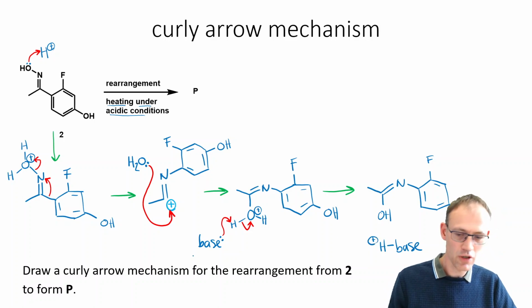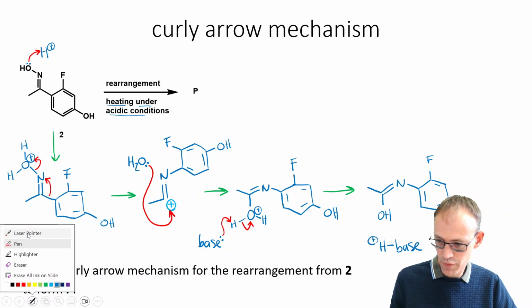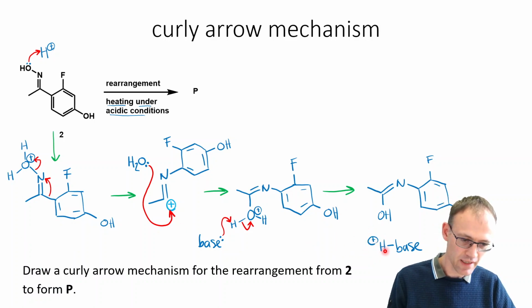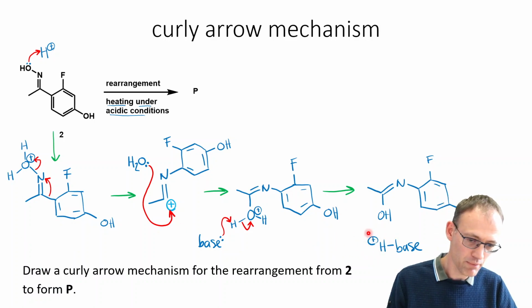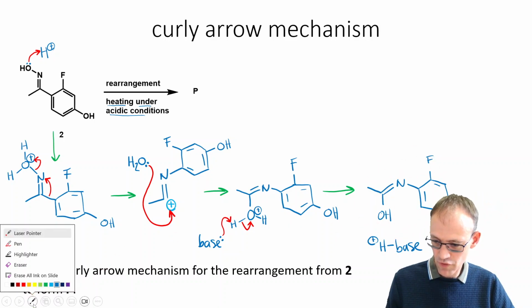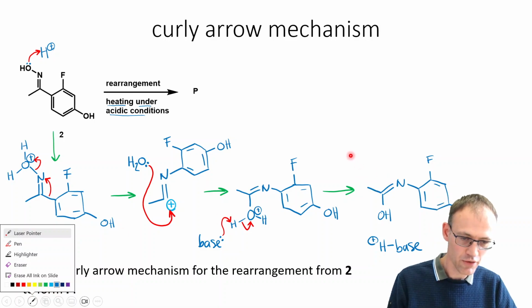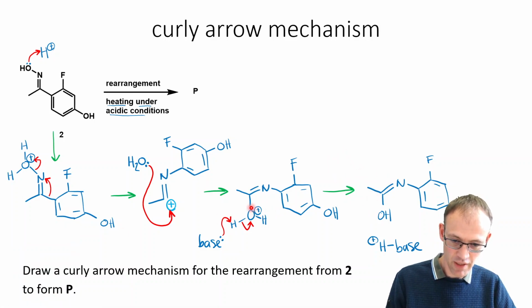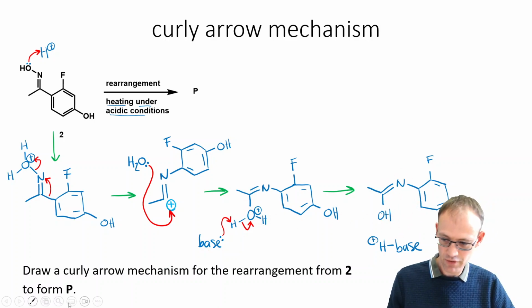The reason I draw the protonated base explicitly on purpose is that I can now see that my positive charge has gone over here. I have a neutral molecule over here. So my charges make sense. Let's just make sure that everything else makes sense. Nothing has changed here. I still have a single bond, a double bond, single bond to the oxygen. One of the protons is still here. This is the new intermediate.